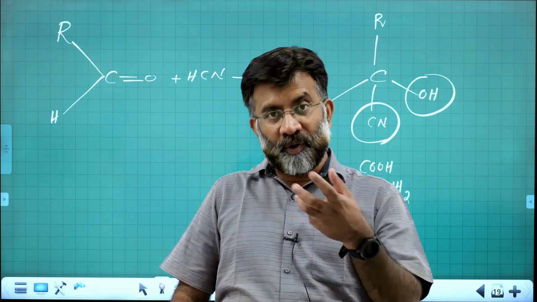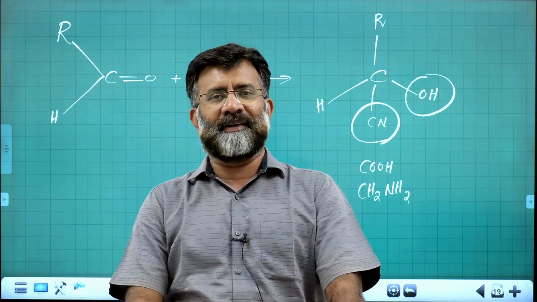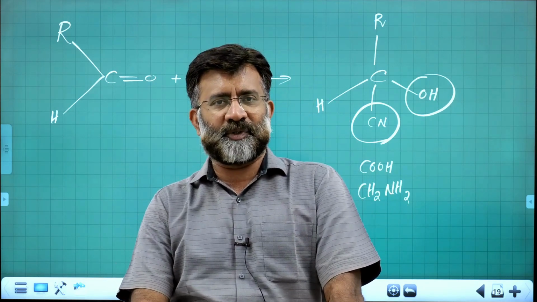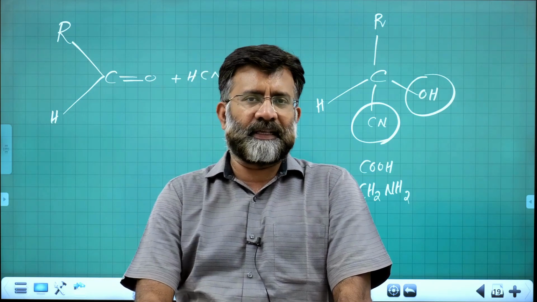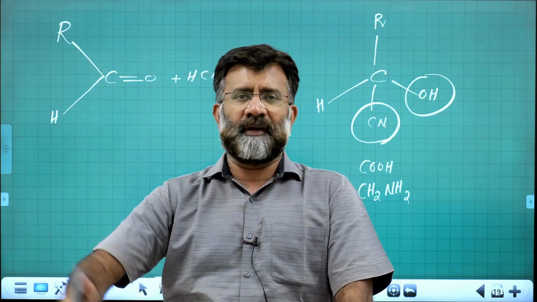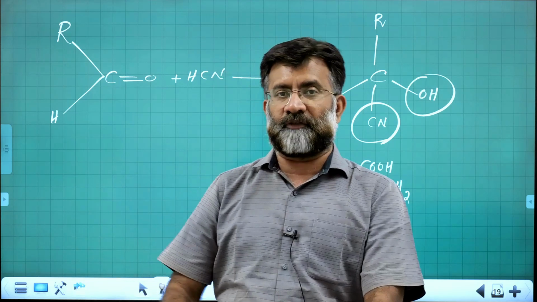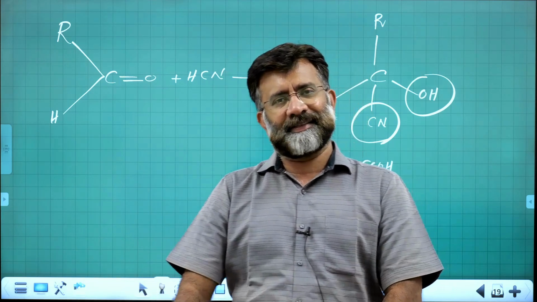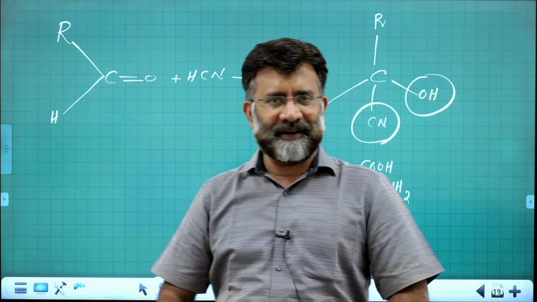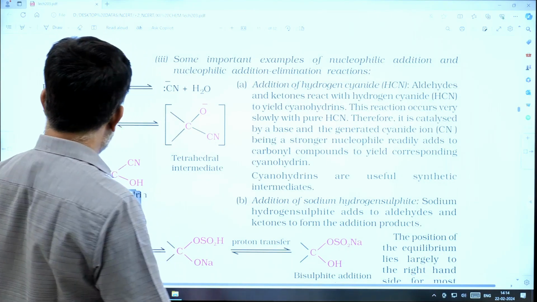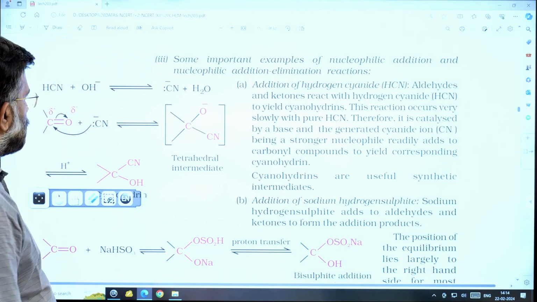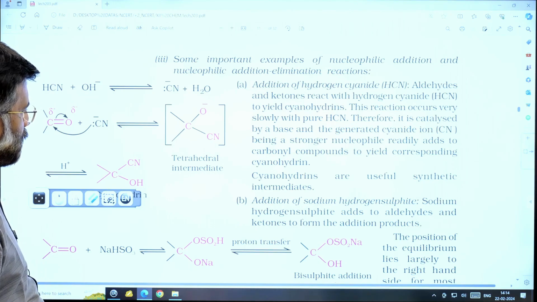Number 1, the OH group can be replaced with various groups introduced at that position. So there are multiple choices of converting that compound into different requisite forms, and that's how it acts as a useful synthetic intermediate. Okay. So that's about the first reaction, with hydrogen cyanide.